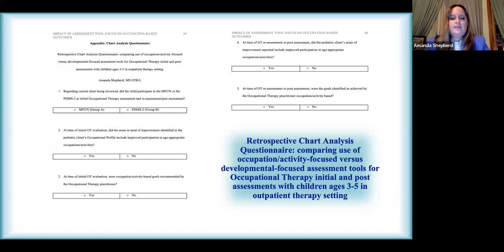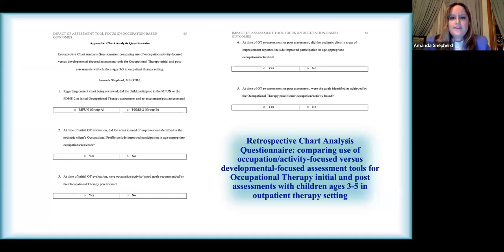But just so you can see, the first categorical variable was related to whether or not occupation-based goals were present at the child's initial OT evaluation. The second was if occupation-based areas of need were identified in the occupational profile at the child's OT evaluation.